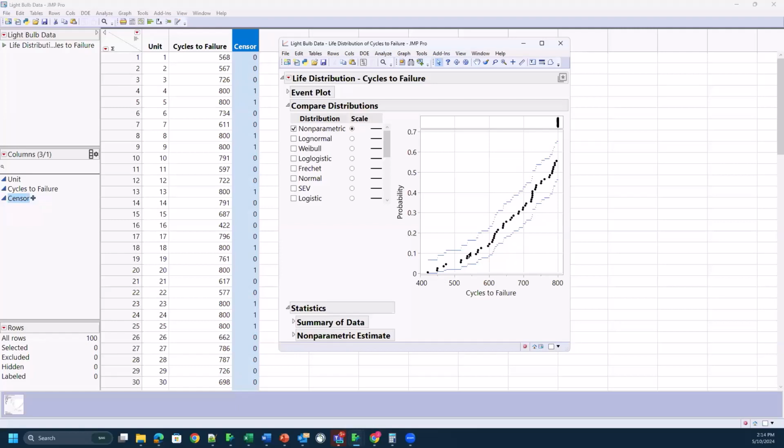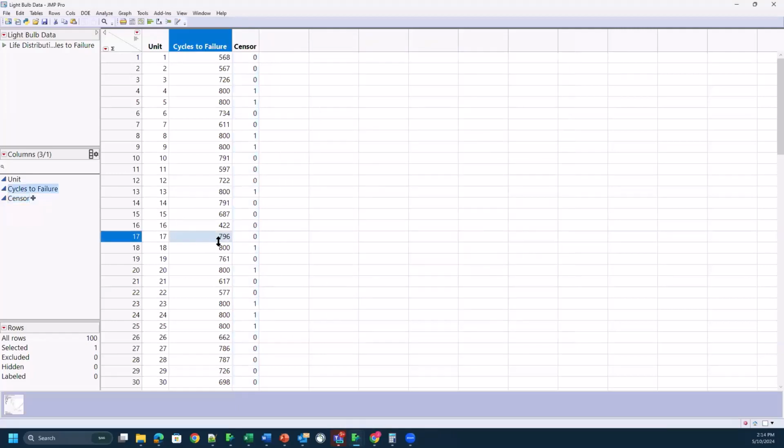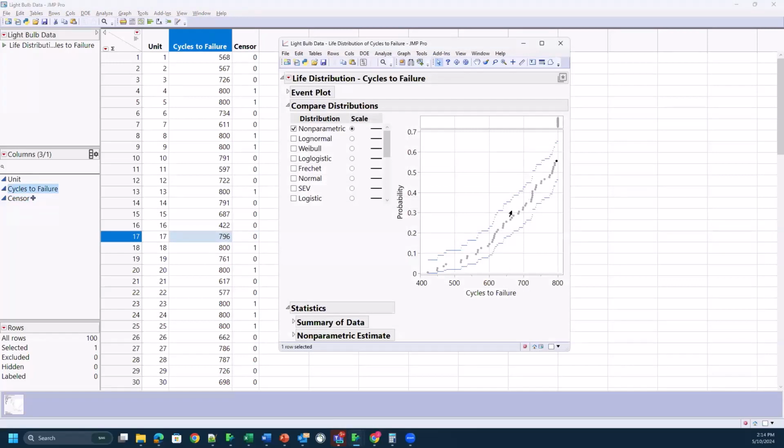That bulb didn't fail, but it only made it to 550 cycles. So that would be censored. So whatever that bulb number is, we'd say 550 and a 1 out here to say, hey, it was censored at 550 cycles. So you don't have to have everything fail or be censored at 800 cycles.